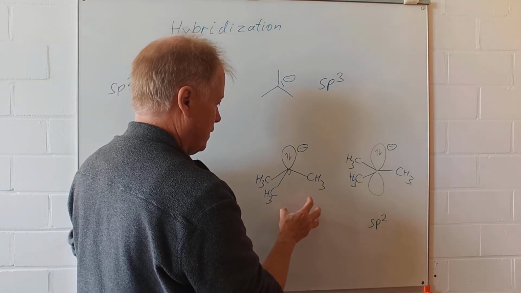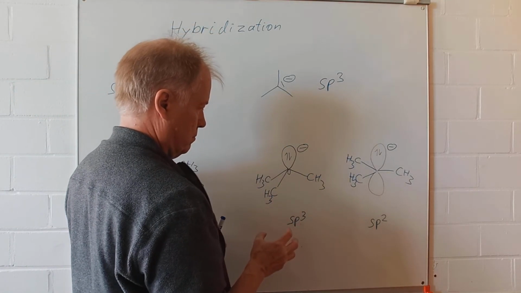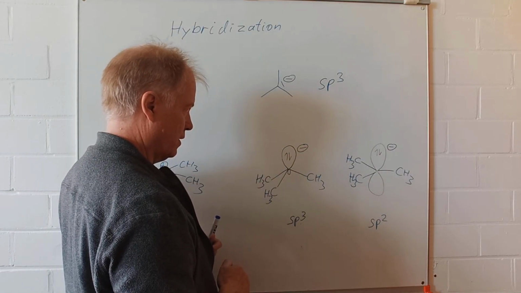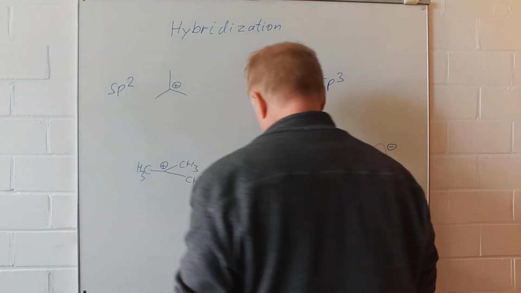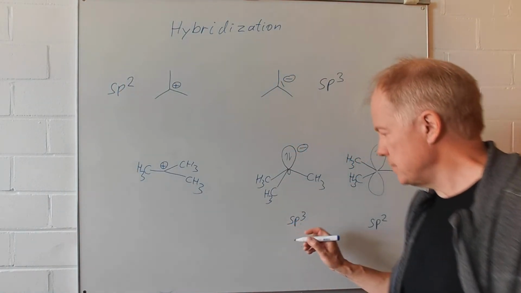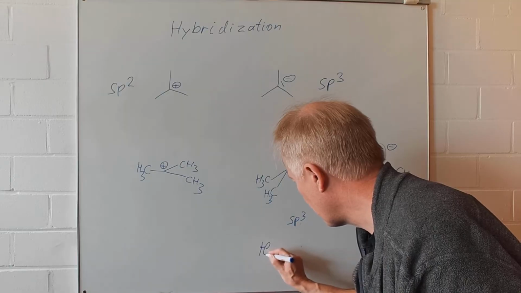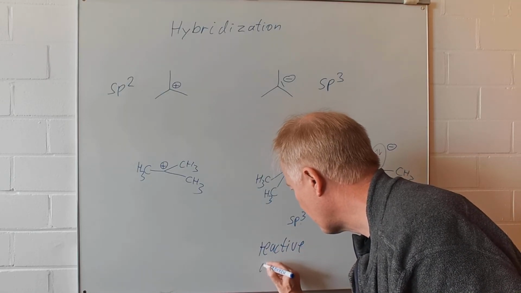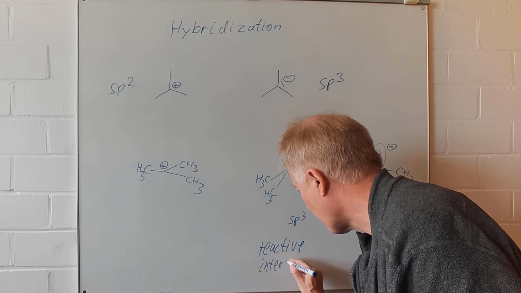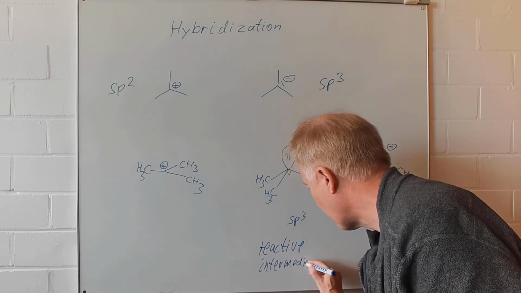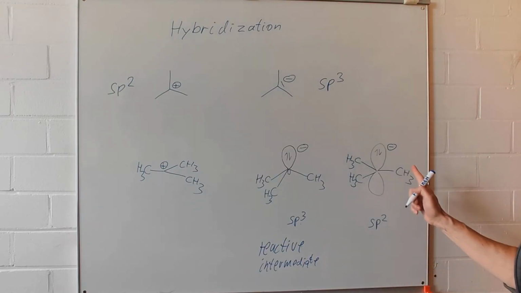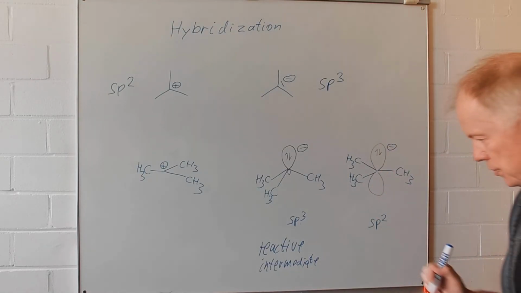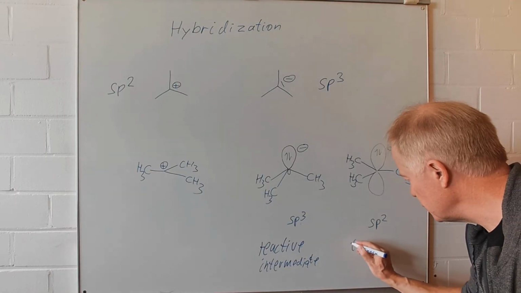Well, so we have the sp3 hybridized situation. This is, of course, a reactive intermediate, and the sp2 hybridized situation is a transition state.